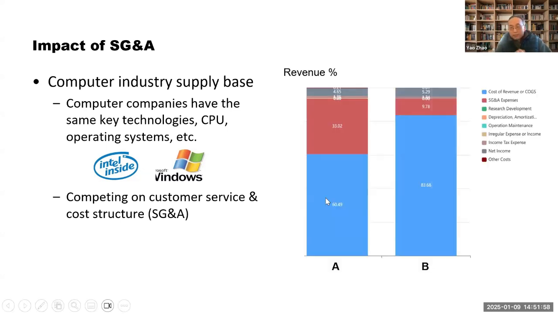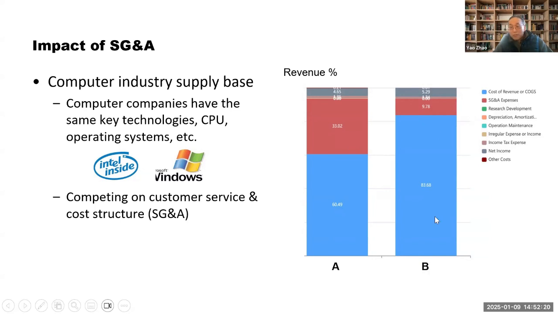Let me give an illustrative example. Let's say companies A and B are offering the same product in the same markets, but have very different cost structures. For company A, you can see the sales, general and administrative expenses, which is in red, account for 33% of the revenue.